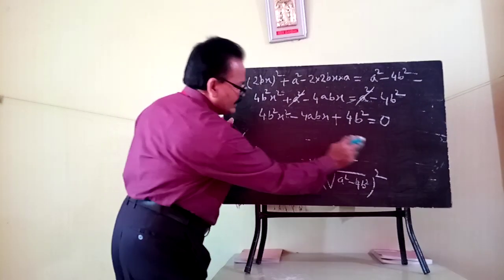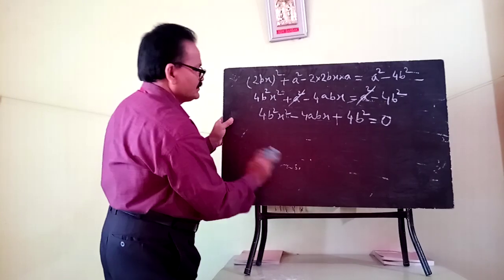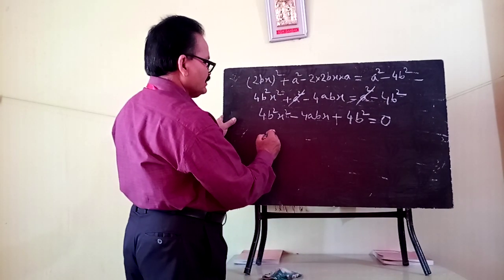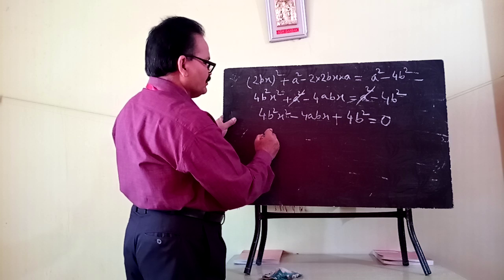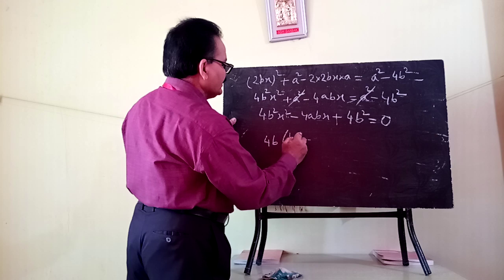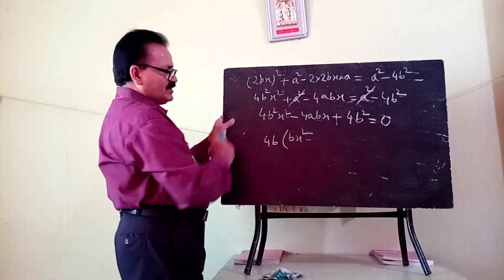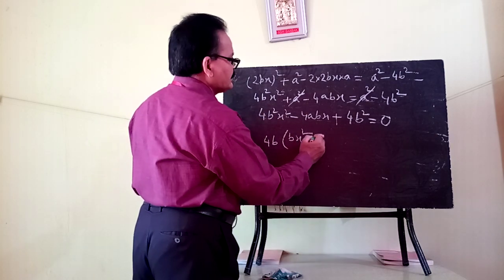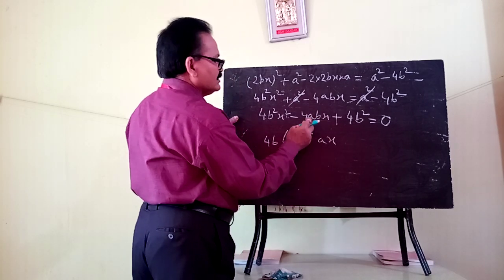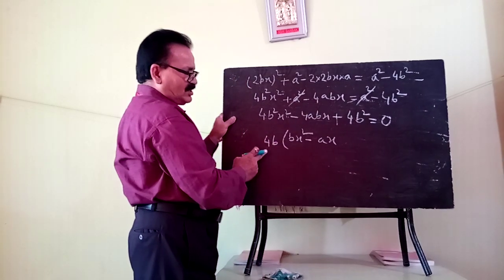Here 4b square, here 4b, again 4b square. What you will do, you take 4b common. When you take 4b common, what will happen? This is your bx square, 1b will be left, minus 4b common ax. From this you have taken 4b common.